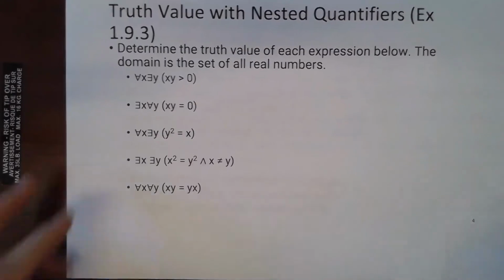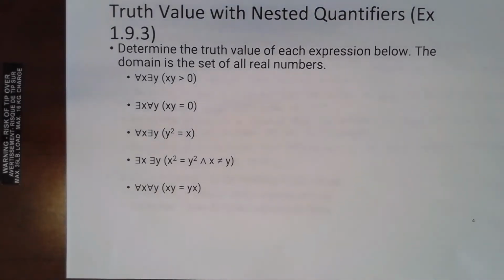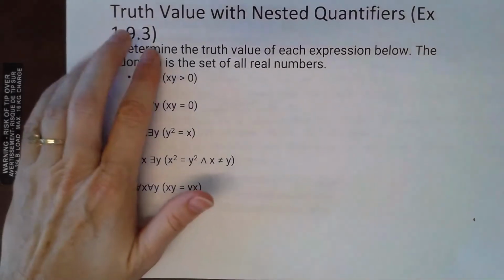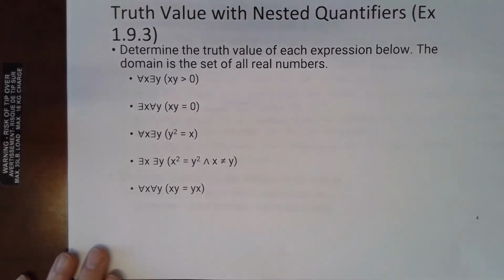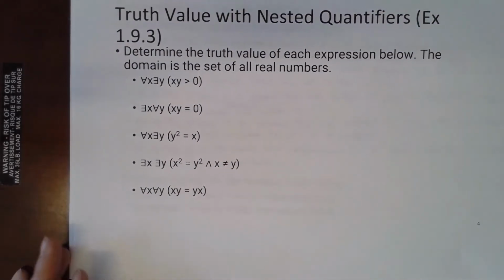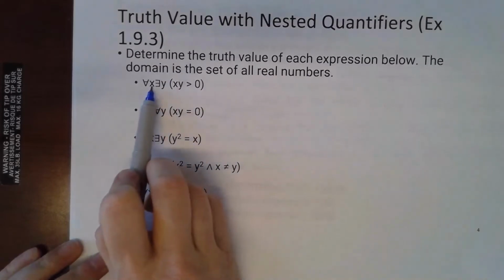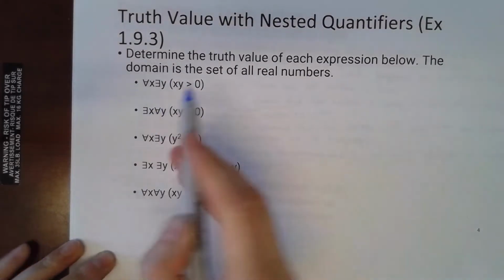Okay. So this is an example from one of the textbook problems, from the end of the chapter. Let's say we've got these and we're trying to determine if they're true or false. Let's think of it as this two-player game. We look at x. x is bound by a universal.